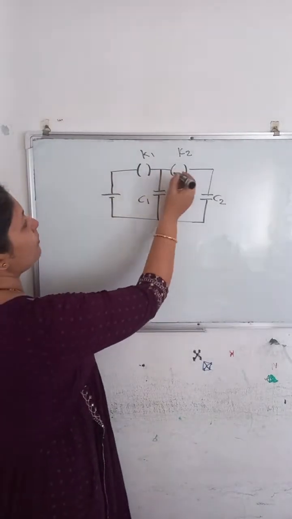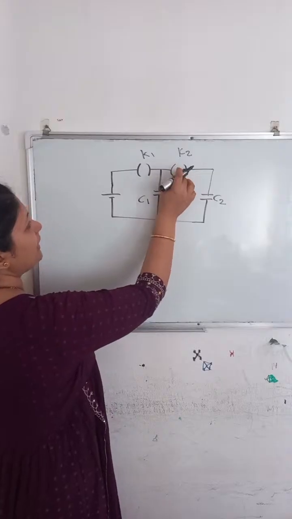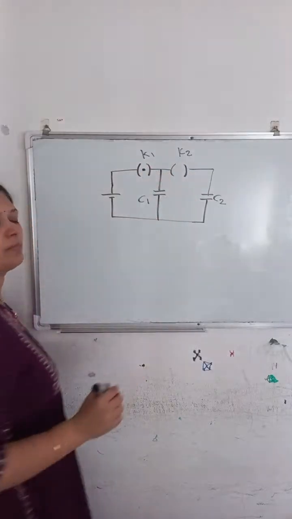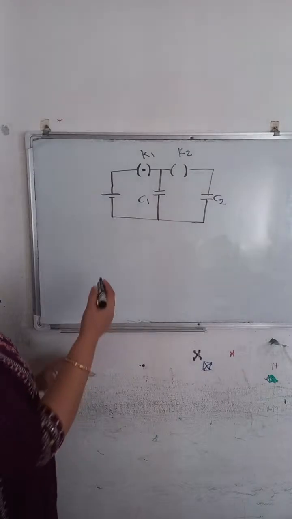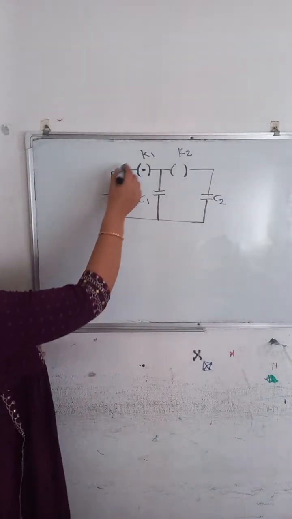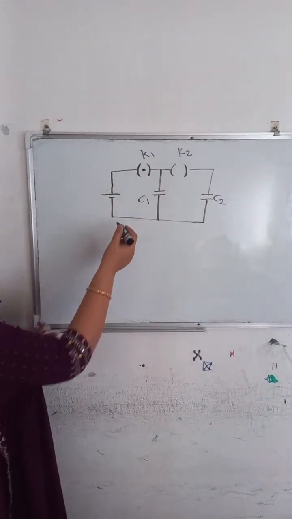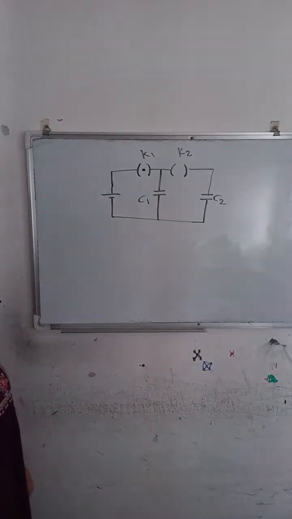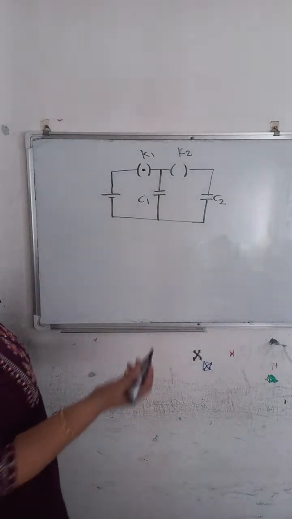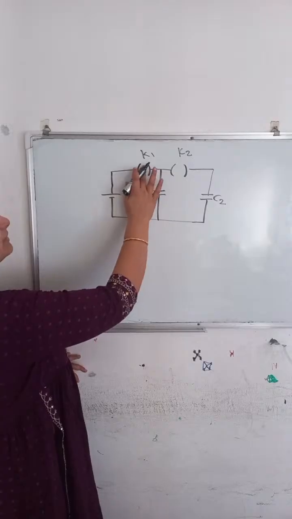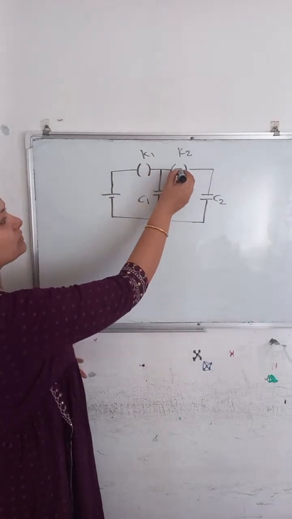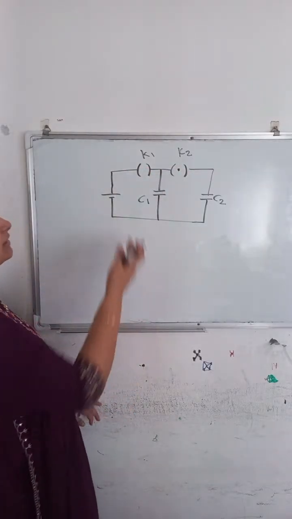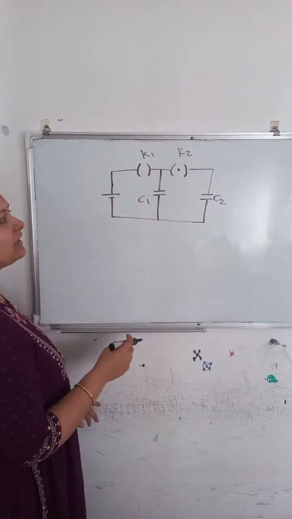Initially they opened this K2 and they closed K1. Okay, what will happen? If you turn on the battery supply, then current will flow through this branch. It is obvious. And then in second case they kept this key open and they closed key 2. Okay, the circuit is getting disconnected here.